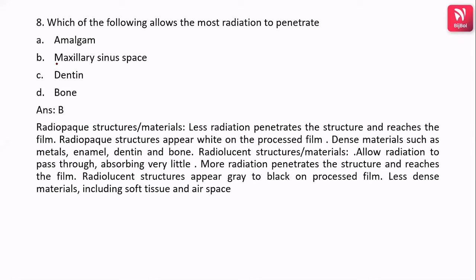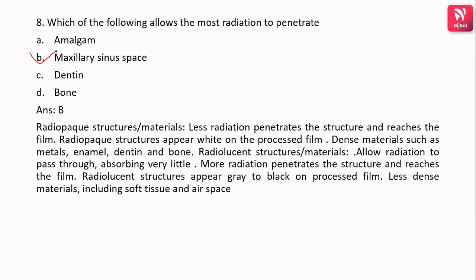But if the radiation just passes through where the absorbing is very little, then more radiation can penetrate through the structures, that is through the air spaces, etc. They appear to be radiolucent. Now he is asking which of the following allows the most radiation. Obviously it would be the maxillary sinus space, which allows the most radiation to penetrate and reach the film, and they appear to be radiolucent as these are less dense materials. So it is option B.